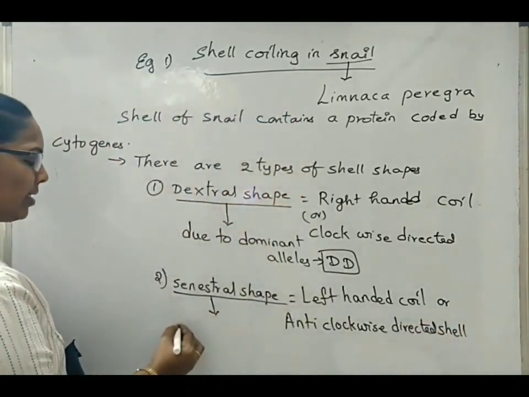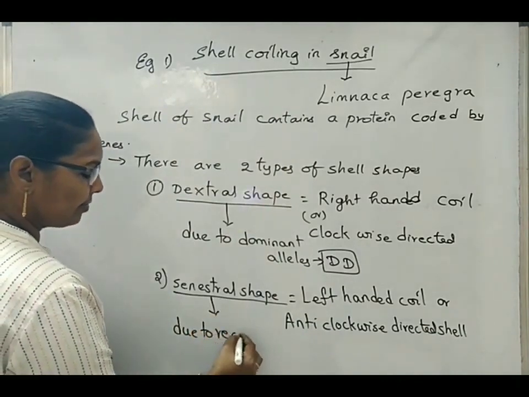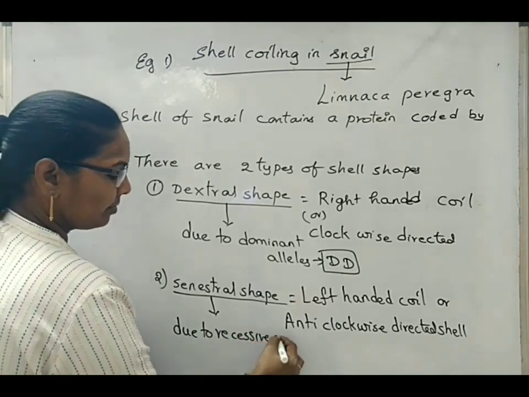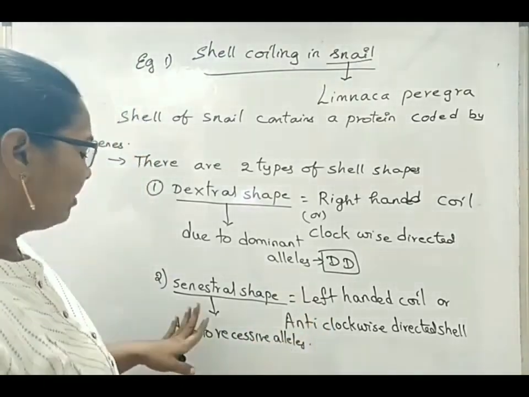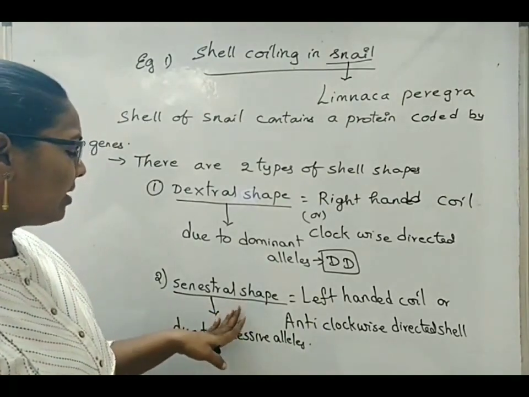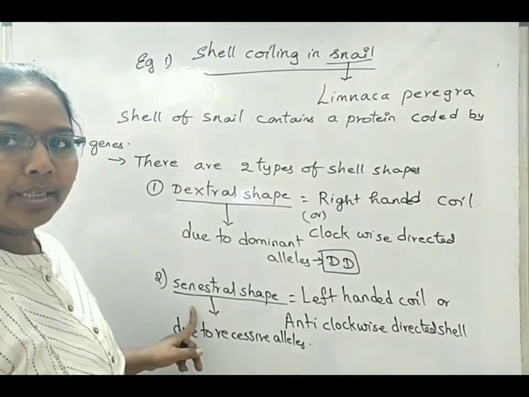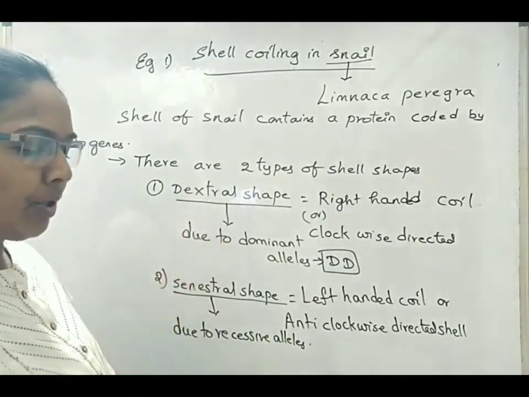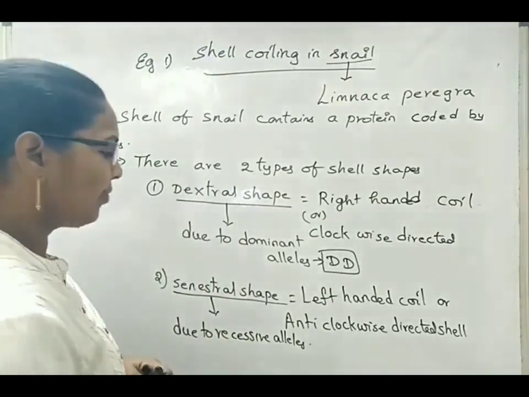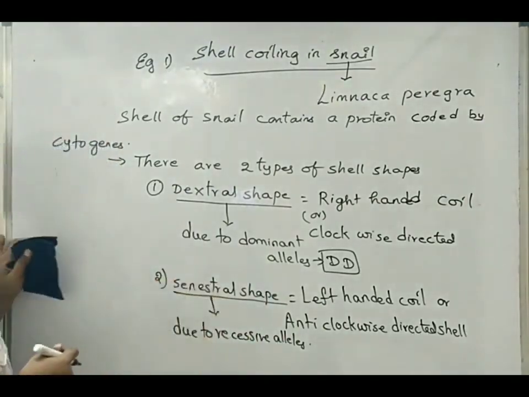It is considered to be due to recessive alleles. And the snail that has such recessive alleles will not produce the protein that is responsible for the right-handed helix form. So it gives an anti-clockwise directed shell coil.